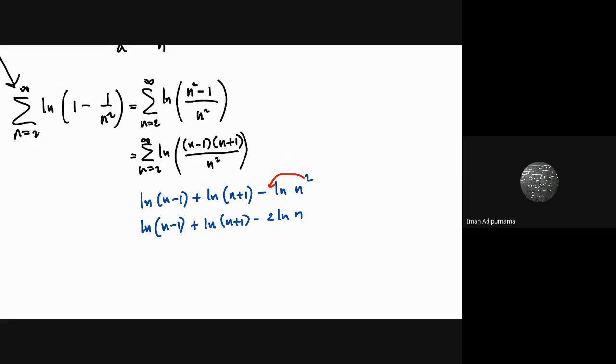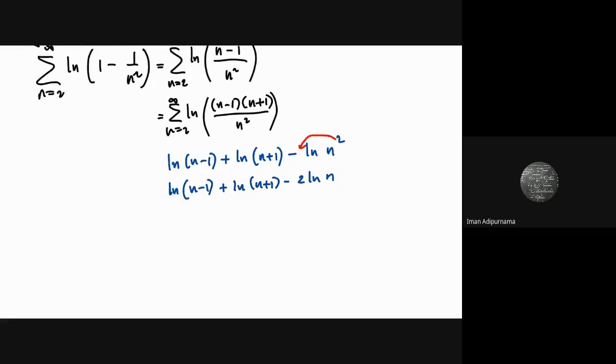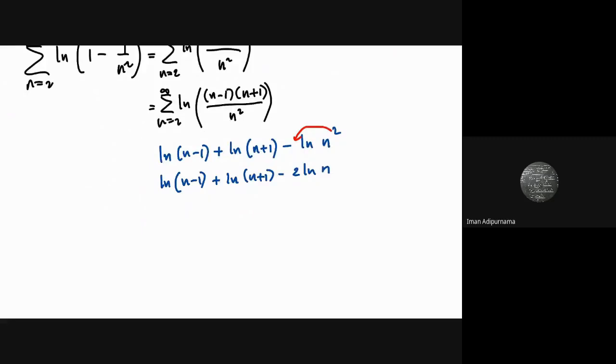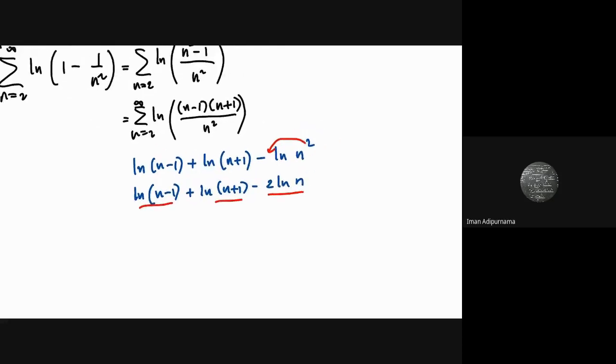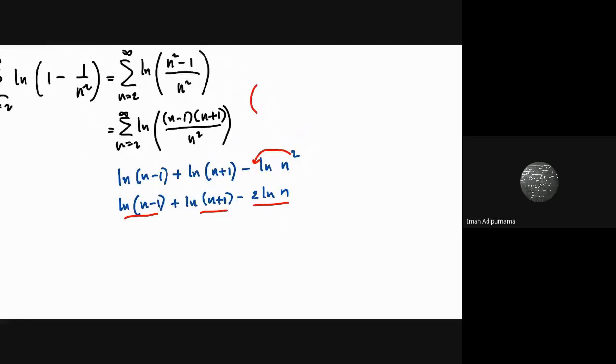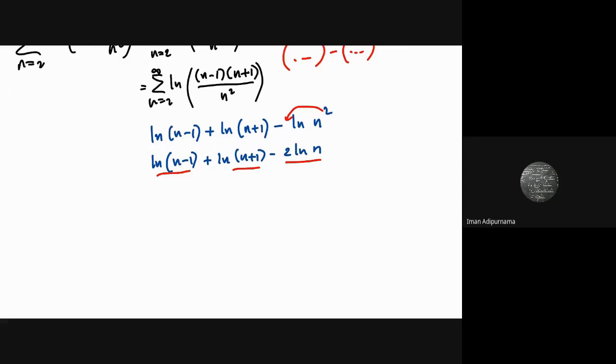Now, this is quite tricky. You need to think and try some form and arrangement. Okay, so you have ln n minus 1, ln n plus 1, and 2 ln n. And now, to make this ln a telescoping sum, which is you have something minus something, we need to arrange, because we have minus here and we have 2 here.